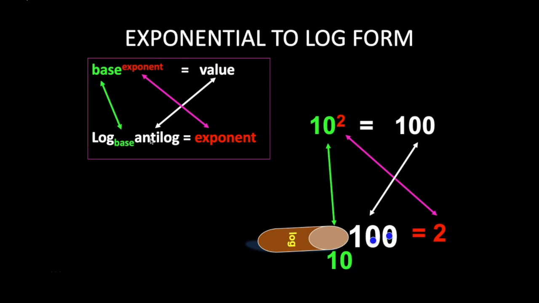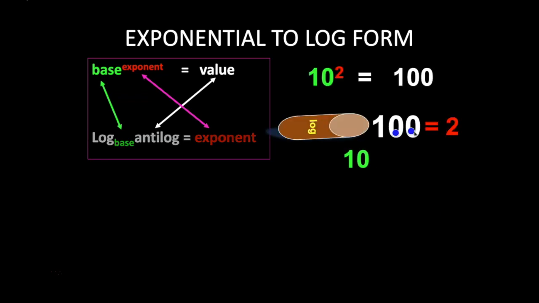So if you can remember this little illustration, log base 10 of 100 equals 2 did look like 10 squared equals 100. That'll help you keep the movement of the numbers a little clearer.